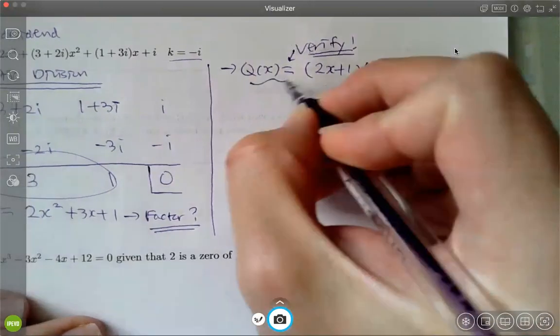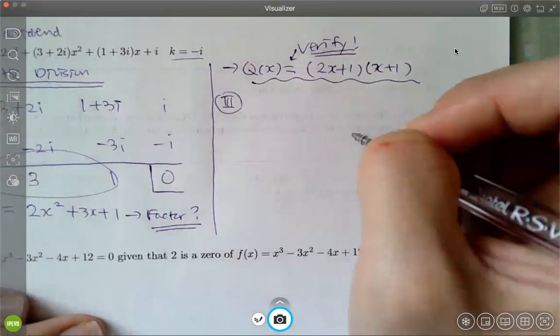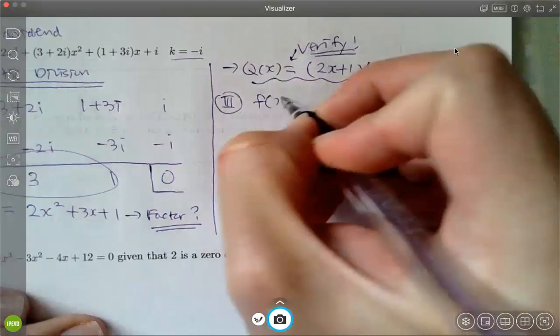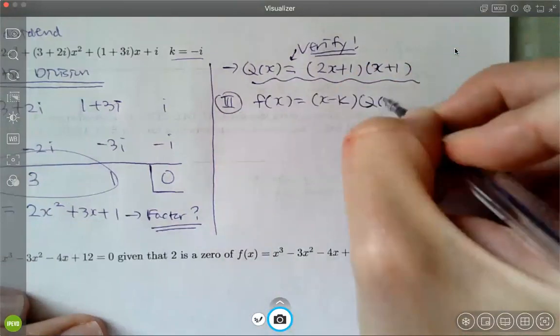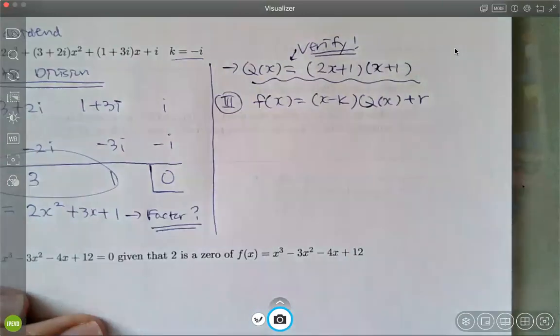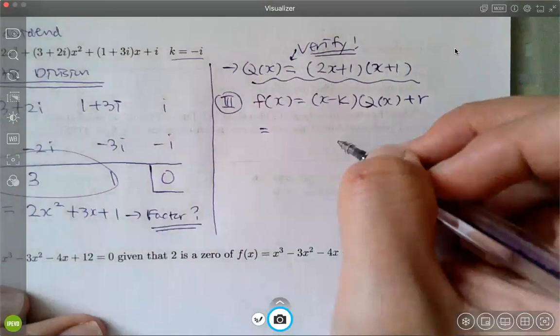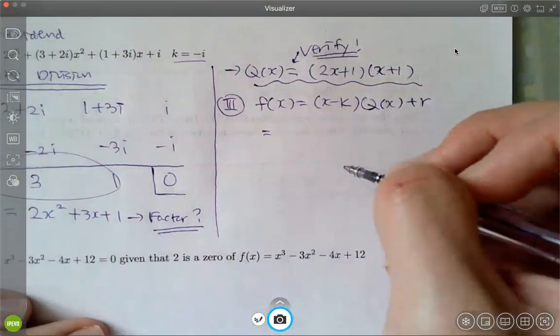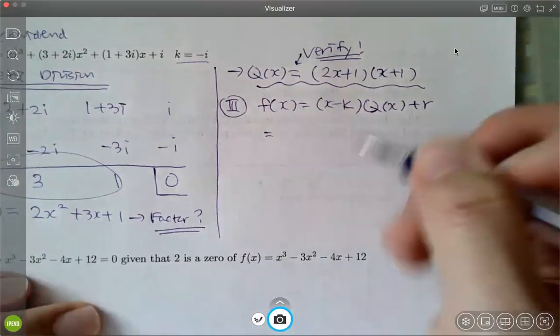So now what do we do? In the previous problem, we had this fact here: f of x equals x minus k times q of x plus r. Now here, what is x minus k? Is it x minus i? No, because it's x minus and then negative i.